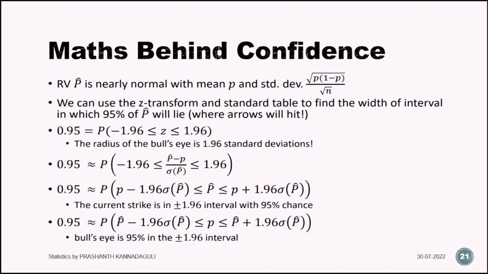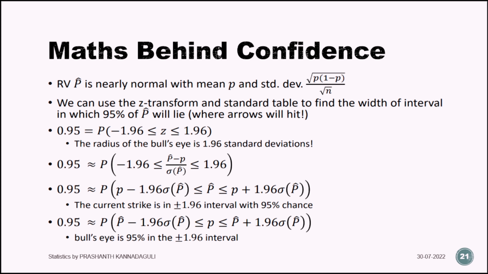Recall that previously we did x minus mu by sigma, where mu is the mean of x and sigma was the standard deviation of x. Now we don't have x, we have p cap, so everything is with respect to p cap, that's all. Just look at this equation. I hope you are comfortable. Now I will come to the other terms. I am supposed to write in terms of z. How I wrote z, I just wrote this part. Okay, fine.